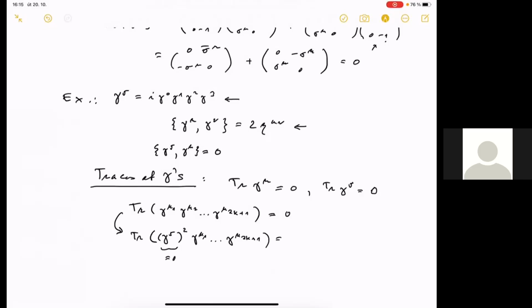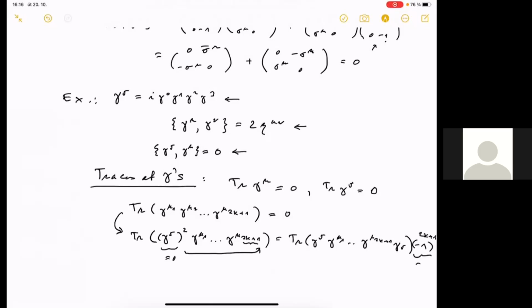But we can take this gamma 5, and the second gamma 5 we can anti-commute to the end of this chain. According to this relation, each such anti-commutation gives us a change of the sign. So we have an odd number of changes of the sign. So we have here gamma mu1 up to gamma mu2k plus 1, gamma 5, times (-1) to the power 2k plus 1.